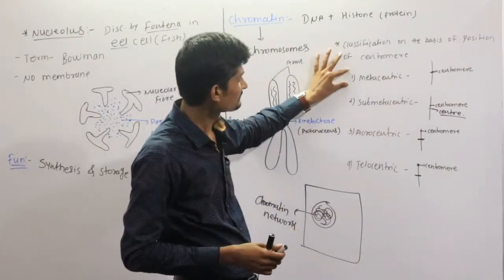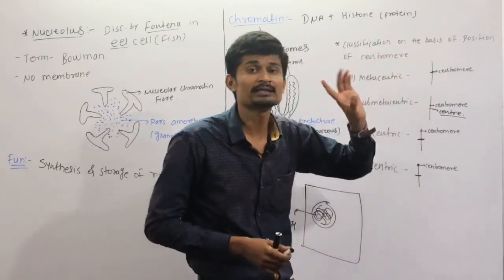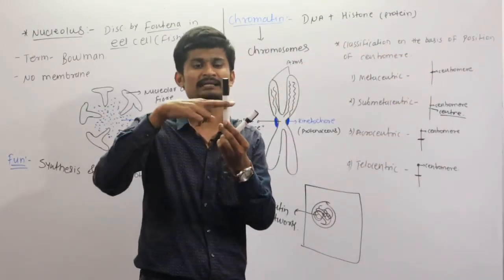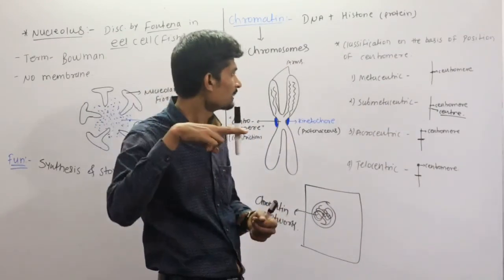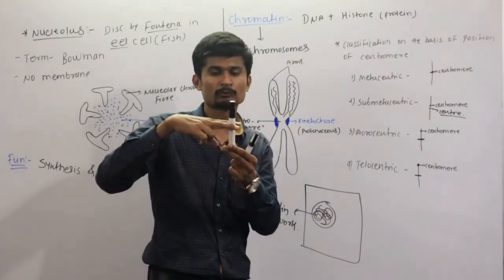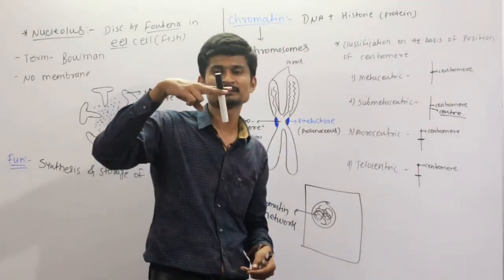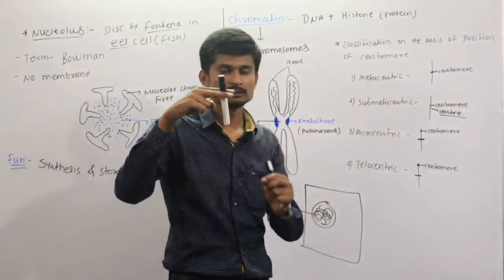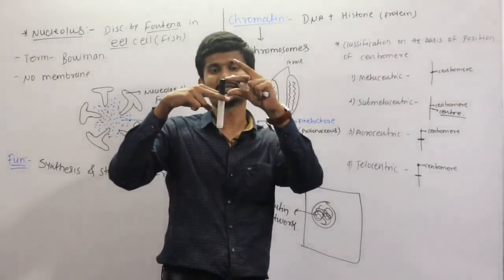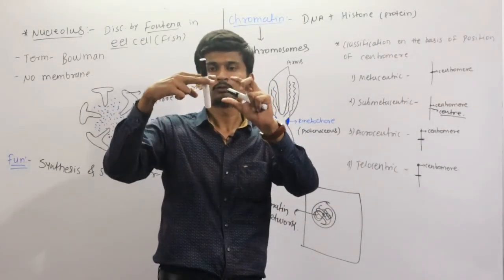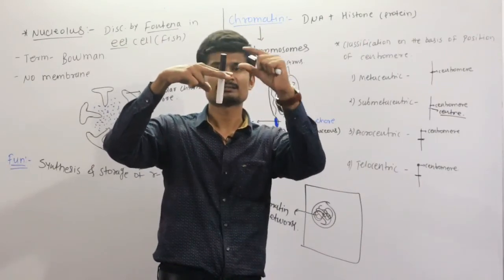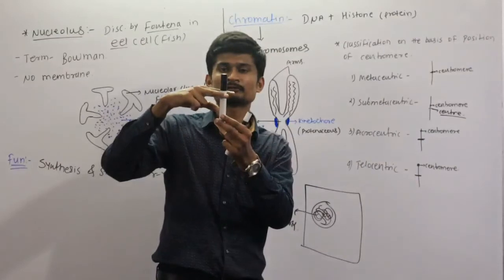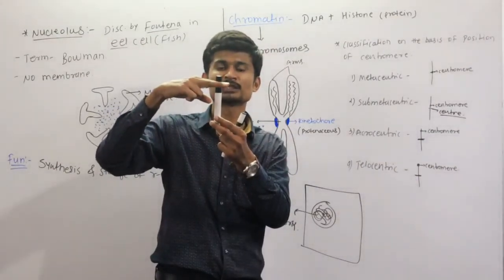Now in the metacentric chromosome, the arms are equally divided, because the centromere is present at the center. But in the submetacentric chromosome, the centromere is present just away from the center. That's why one arm is slightly larger than the other. Then in the acrocentric, the centromere is present just near to the tip.